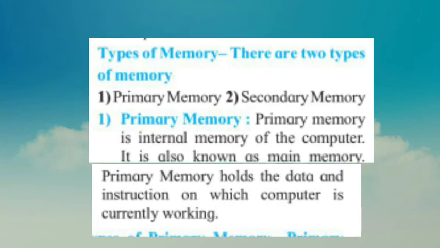Now, as we discussed, there are two types of memory, primary memory and secondary memory. What is the role of primary memory? It is also called internal memory. When we start the computer, all the Windows programs or application programs are loaded in primary memory. So primary memory holds the data and instructions on which the computer is currently working.